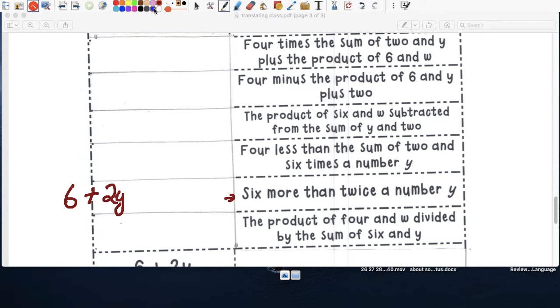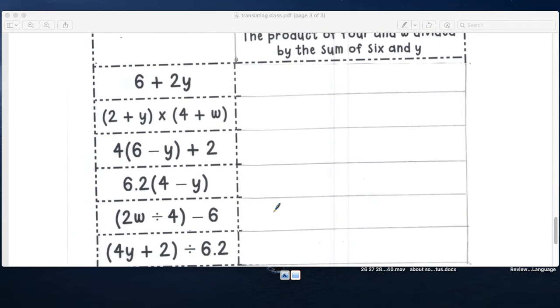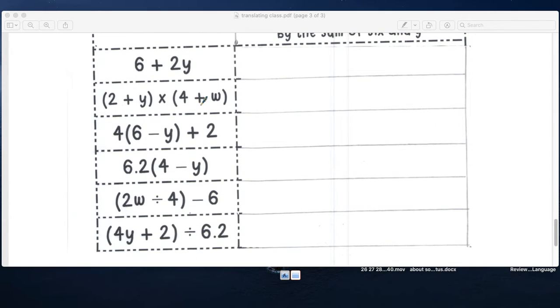Next one, the product's multiplication of 4 and w divided by the sum of 6 and y. 6 plus y.